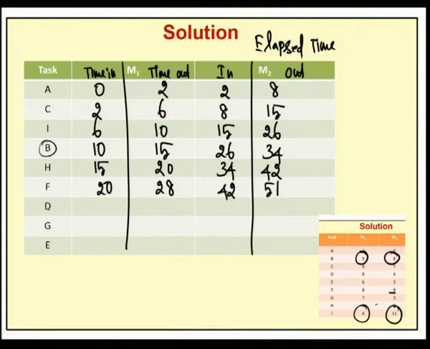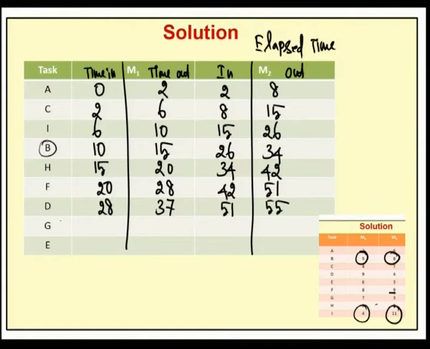In the same way, for the next task D, the in time is 28 and the corresponding processing time under machine 1 is 9. So 28 plus 9, 37, and that of machine 2 is 51, and for D the processing time under machine 2 is 4. So 51 plus 4, 55.